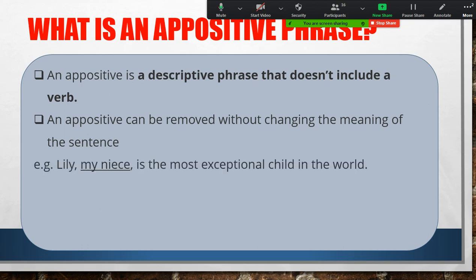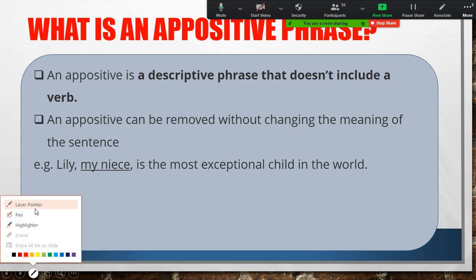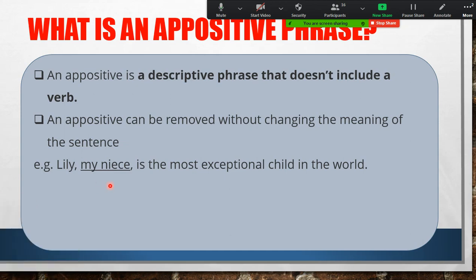Look at this example. Lily, my niece, is the most exceptional child in the world. Now, this part, which is the underlined one, is an appositive phrase. My niece here. Why? Because if I remove it, the meaning of the sentence will not change.